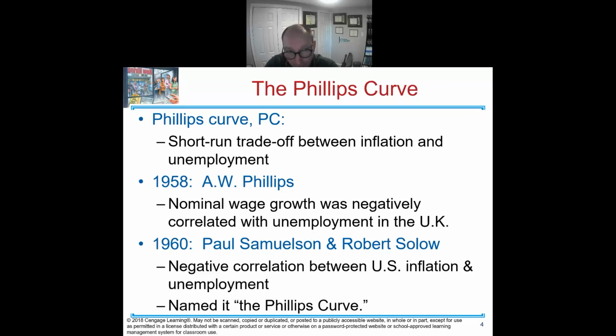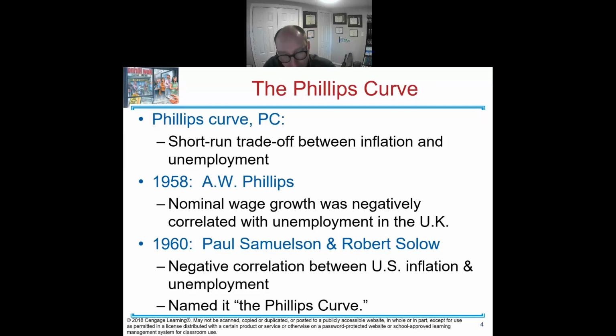And at a certain point in time, unemployment would return to its natural level. And inflation would still either be high or go down a little bit. The idea here is that with nominal wage growth, there was a negative correlation with unemployment in the United Kingdom, in the UK.